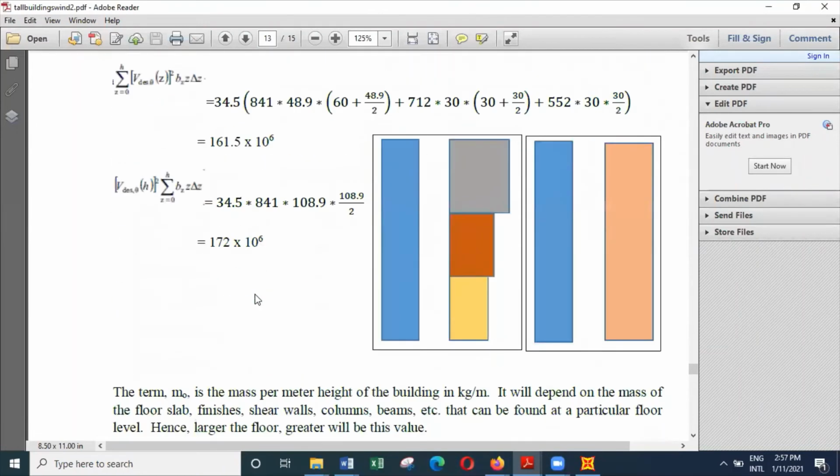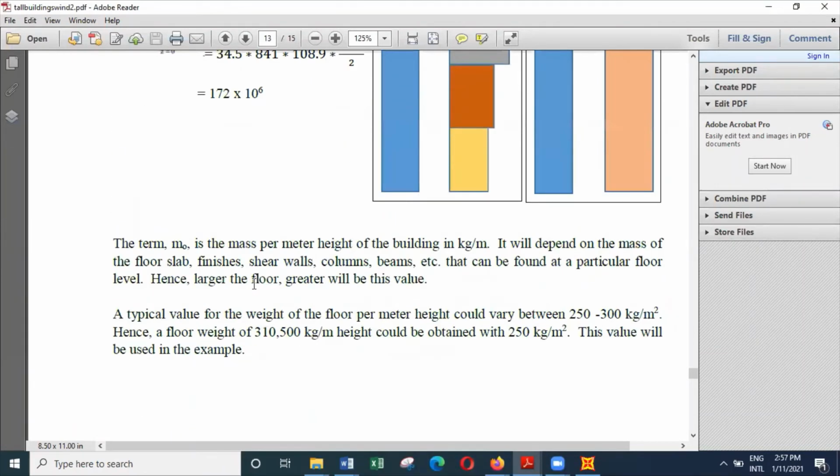And M0 is the mass of the building in kilograms per meter, where the meter is in the vertical direction. So that means the weight of the building per meter height, in kilograms per meter.